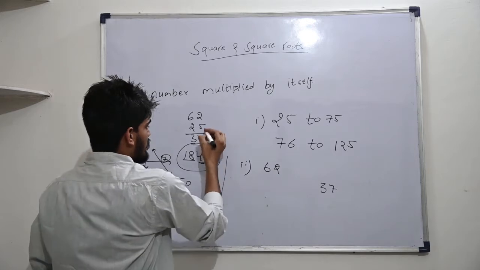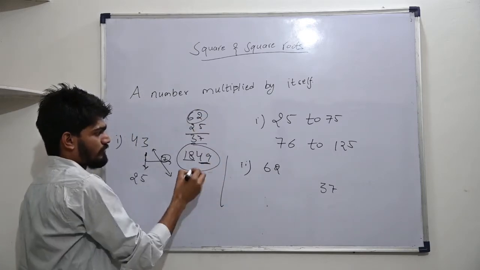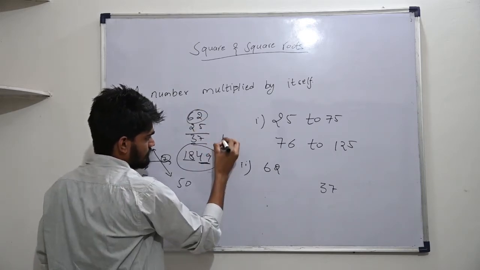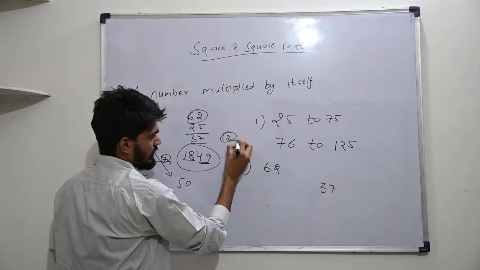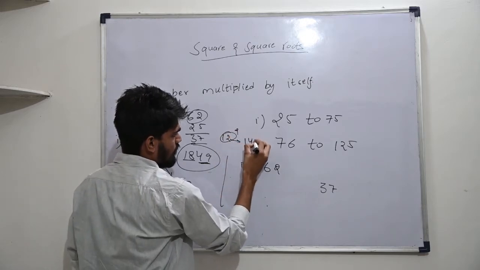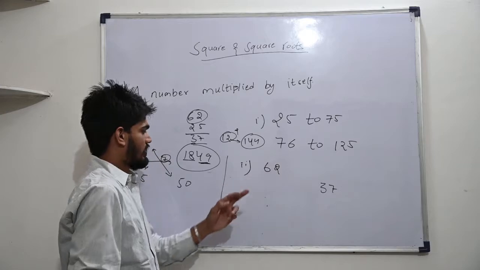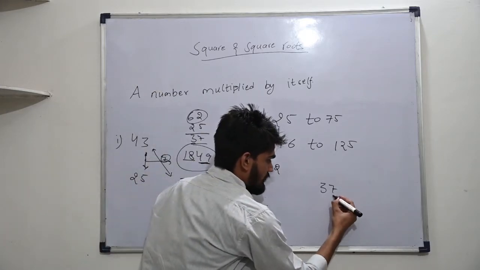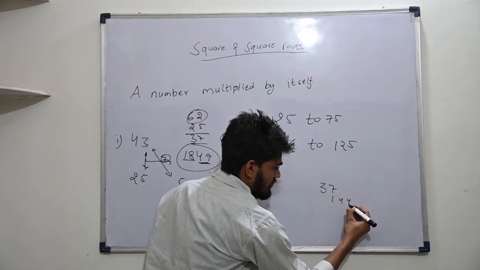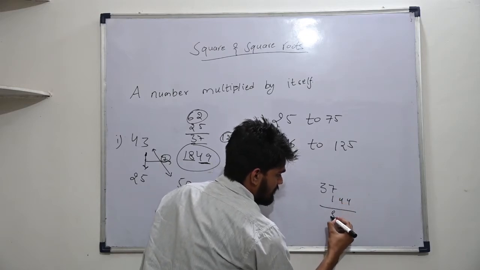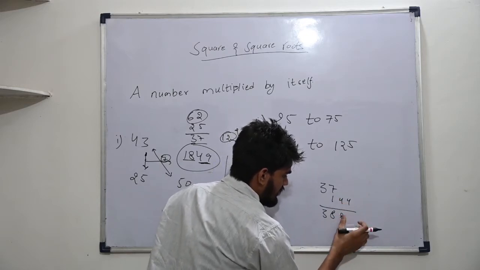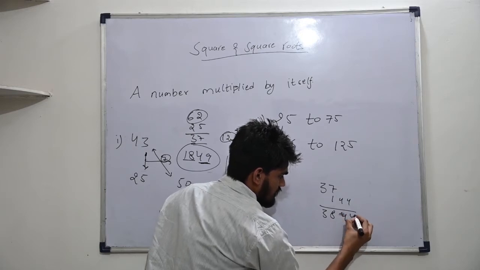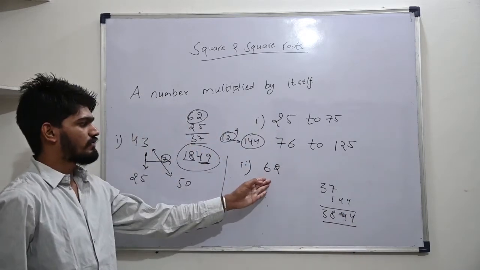Then the difference with 50 is 12. Its square is 144. But I told you that it should be of two digits, so I'll place it like this. Now the 7 and 1 will be added. 3, 8, 4 will be the square of 62, 3844.